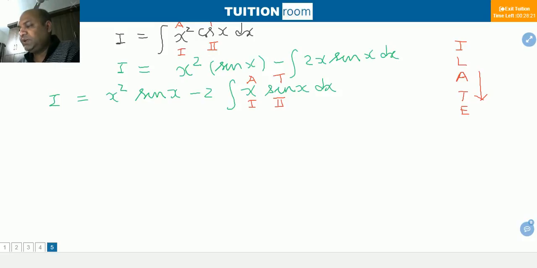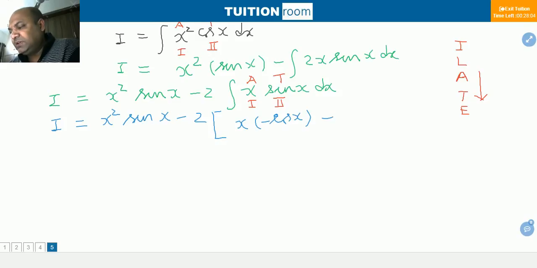So guys, this will be our answer. For practice, you should practice this question, x square sin x. On the basis of this, you should practice this. So guys, please copy it, then I will go for the next problem.